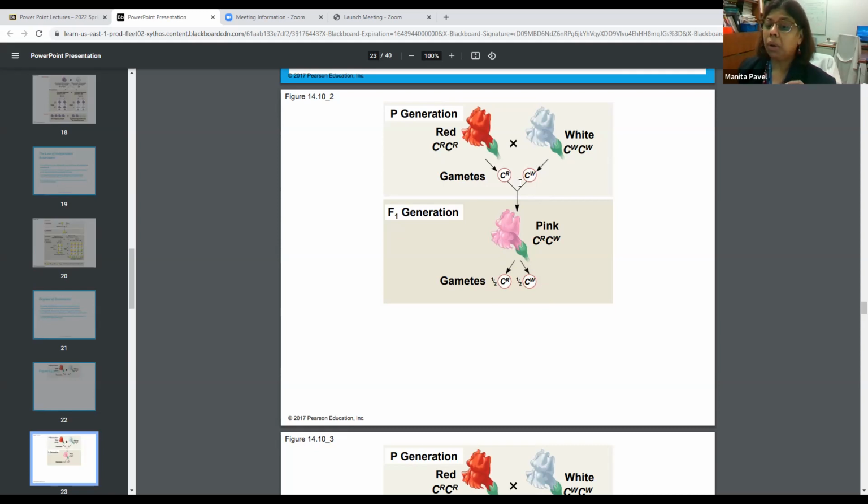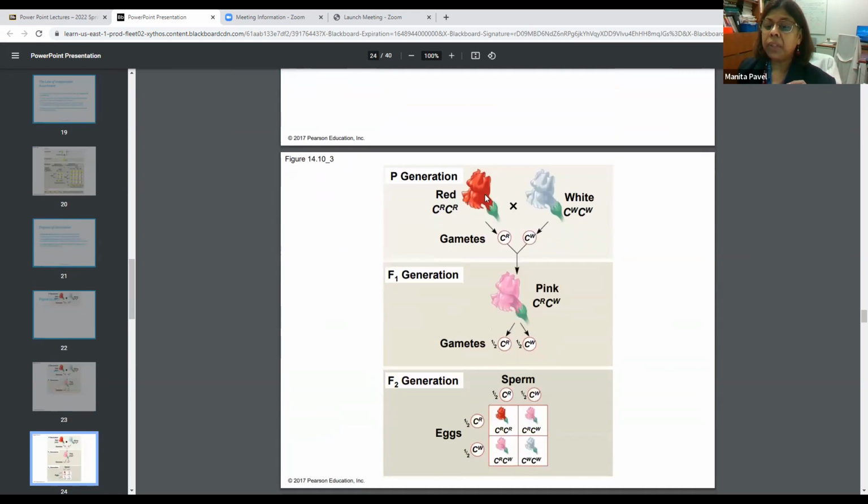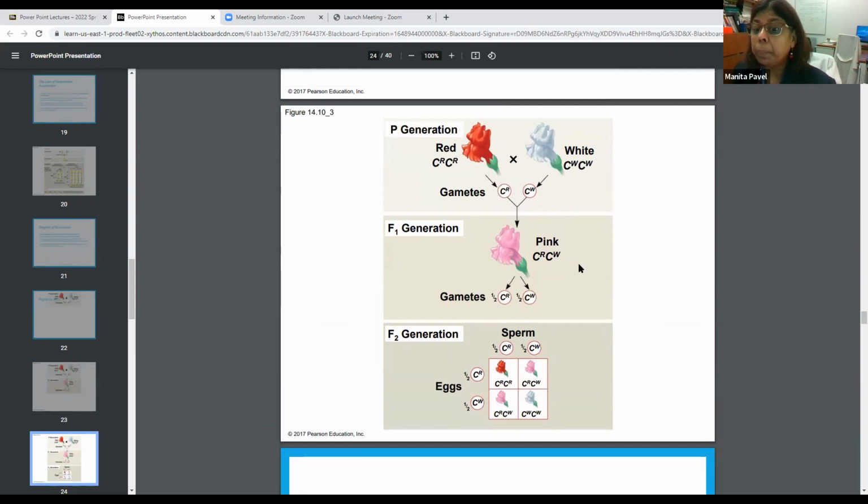So when you cross CRCW with CRCW, you get CRCR, CRCW, CRCW, don't put W first, and CWCW. What does that mean? CRCR, red snapdragon; CRCW, it's the heterozygote. So instead of getting red color, we got pink.